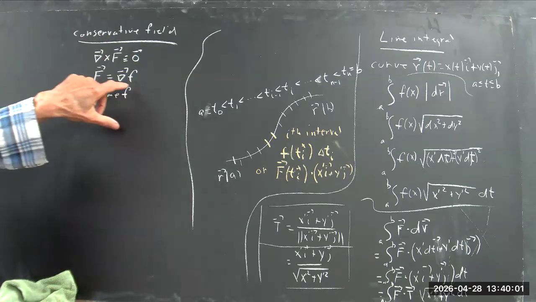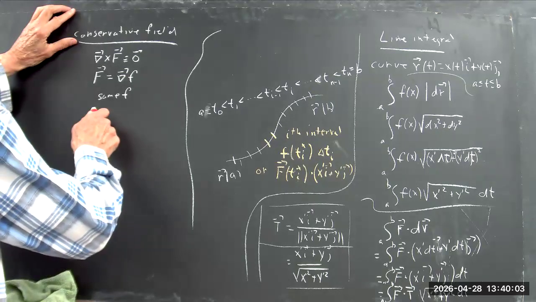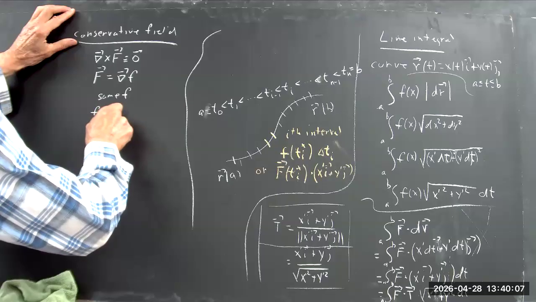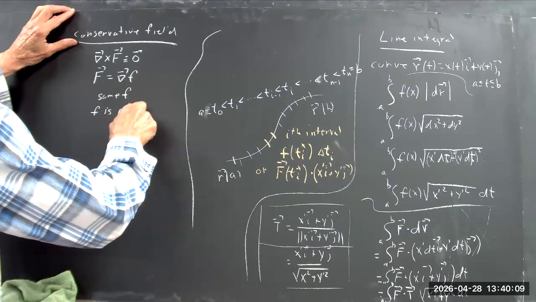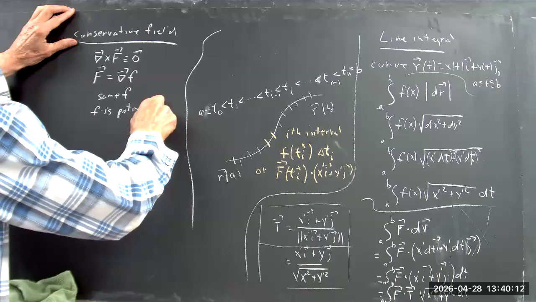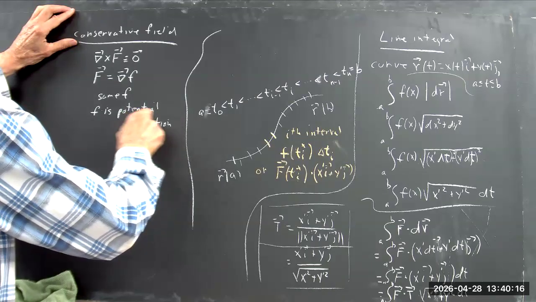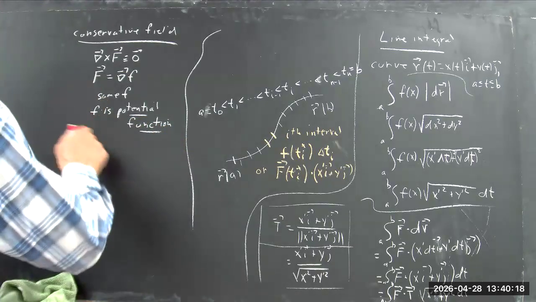Okay, F equals del f. f is the potential function.